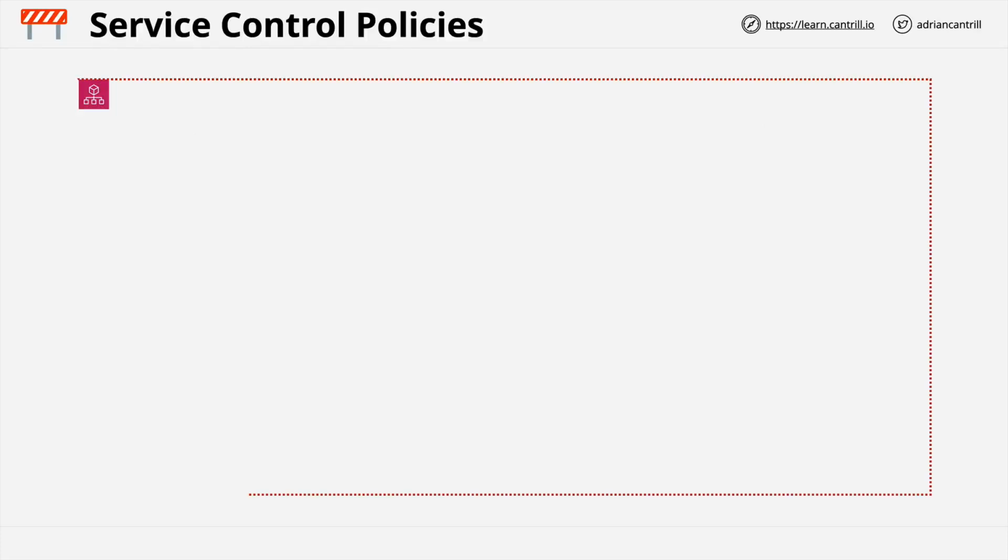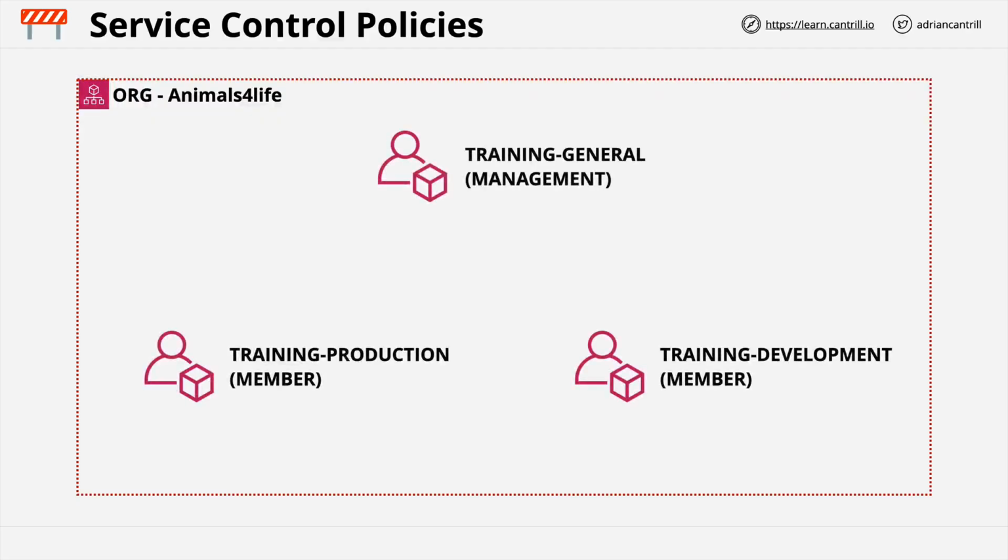At this point, this is what our AWS account setup looks like. We've created an organization for Animals for Life, and inside it we have the general account, which from now on I'll be referring to as the management account, and then two member accounts, so production, which we'll call prod, and development, which we'll be calling dev.